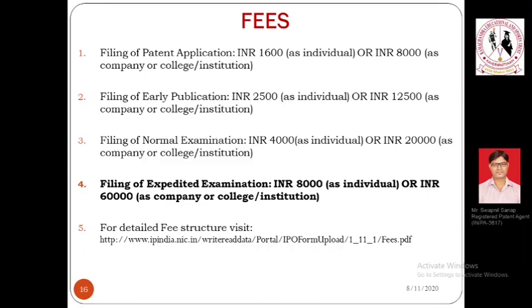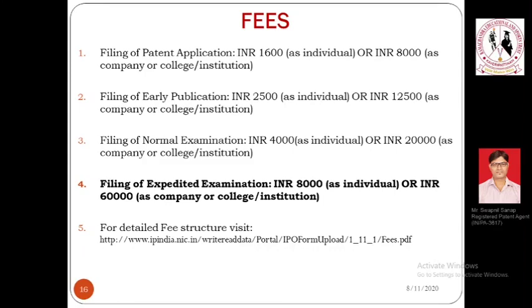If you are a women applicant, you can opt for expedited examination of your patent application. The fee is INR 8,000. Or if you are a government-affiliated college or institution, you can opt for this expedited examination, and the fee for that is 60,000 rupees.